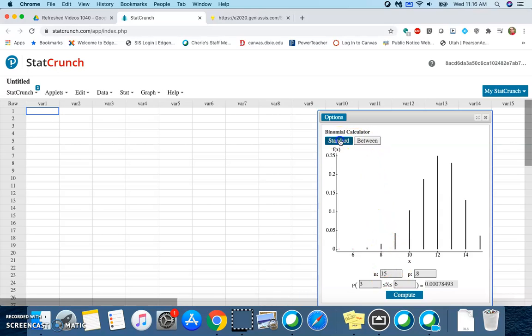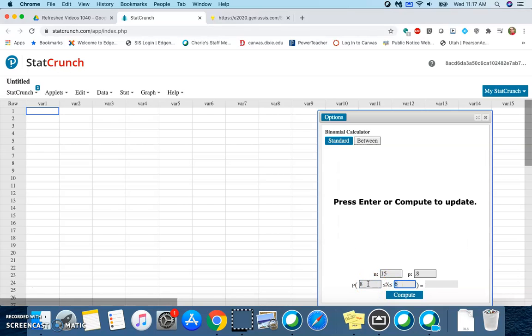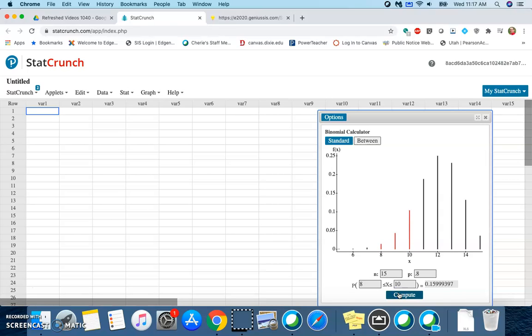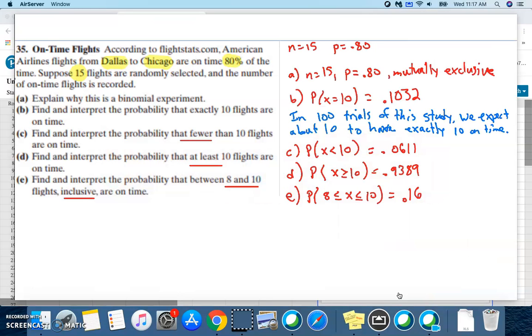So I can change it from standard to between. My n and my p are still the same, but now they are less than or equal to signs, so this is 8 and 10. So we get about 0.16. So we'd expect about 16 out of 100 to have somewhere between 8 and 10 flights that are on time.